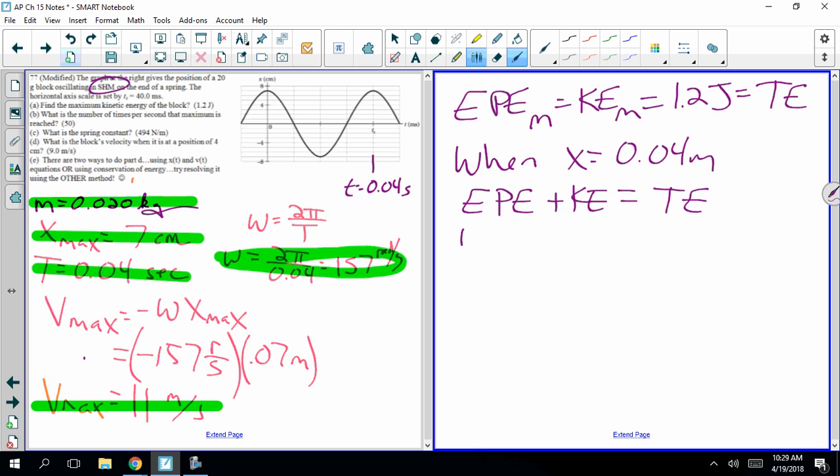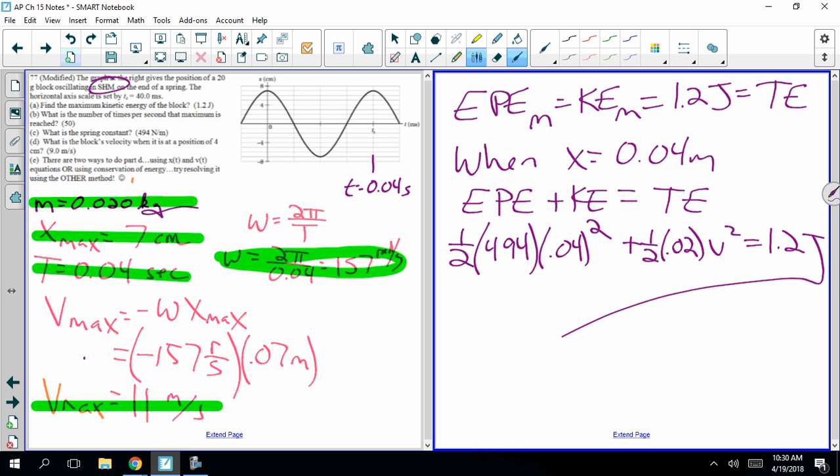So I'm looking at 1/2 k, we already found k, it was 494, times x, which is 0.04. Don't forget to square it. So that's the EPE. Plus the KE is 1/2 the mass times v squared equals 1.2 joules. And solve it. Holy cow, that's way easier.